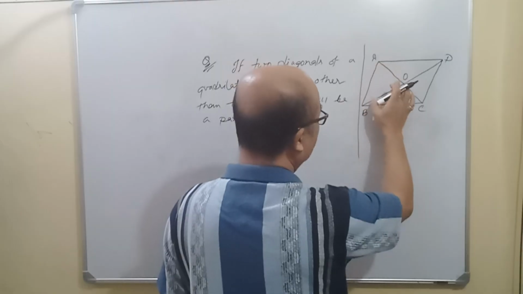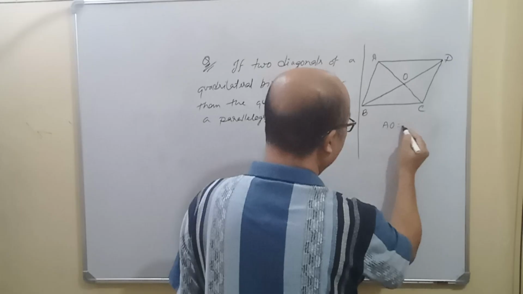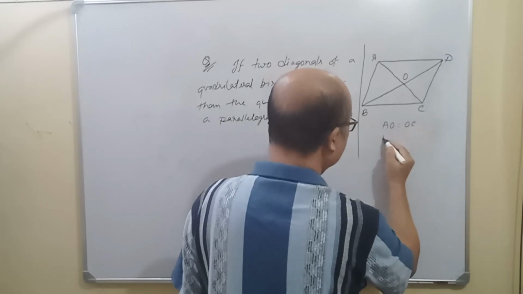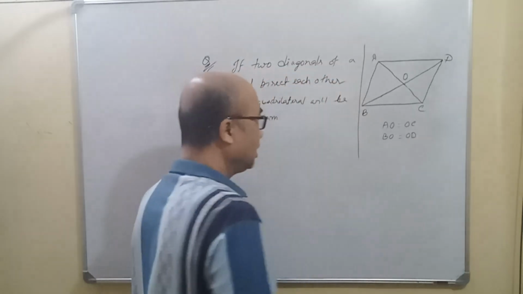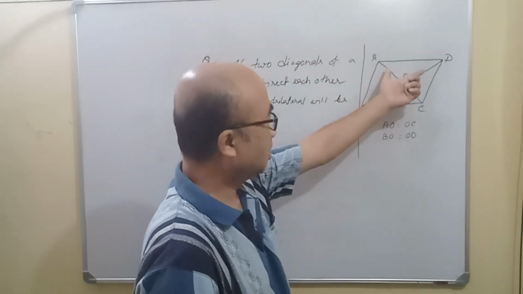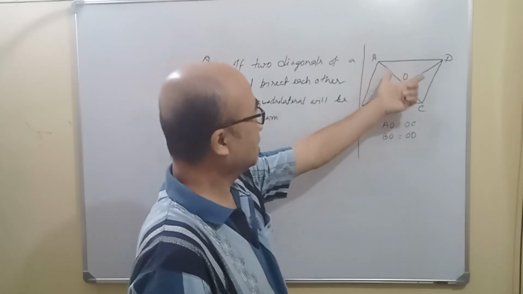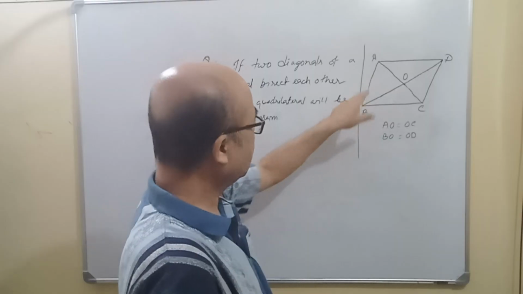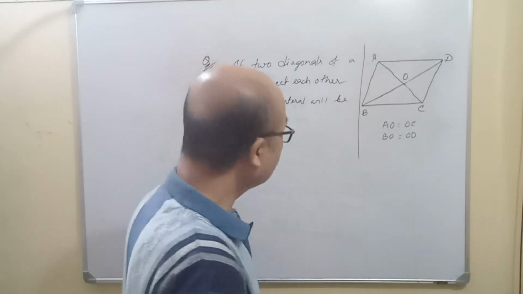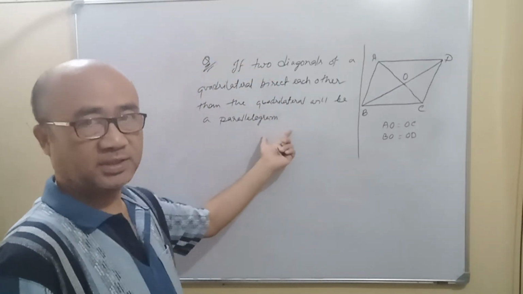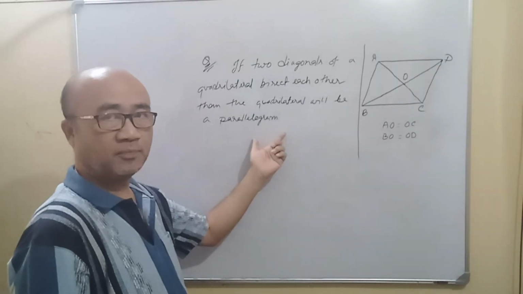So that means AO is equal to OC and BO equal to OD. If this happens, then this quadrilateral is a parallelogram. This is the theorem. This is not the problem. Okay. So this theorem is given.